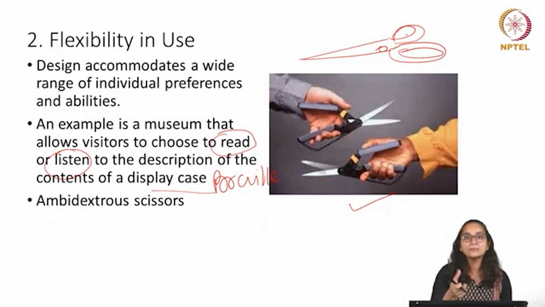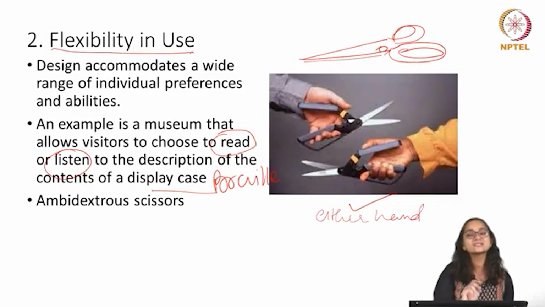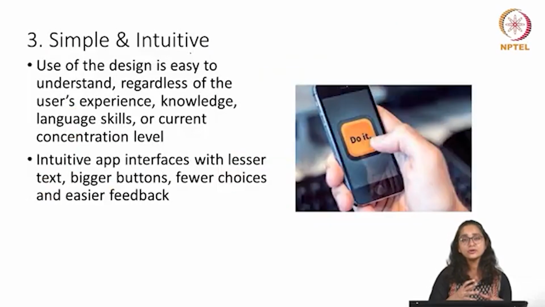And you may not be able to exert similar amount of power or pressure in order to cut paper or any other material that you are cutting, right? So an ambidextrous scissor is something which allows you to use either hand and thus enables flexibility in use. So all of these, I am sure you are noticing that universal design principles are really kind of, all of them are adjectives.